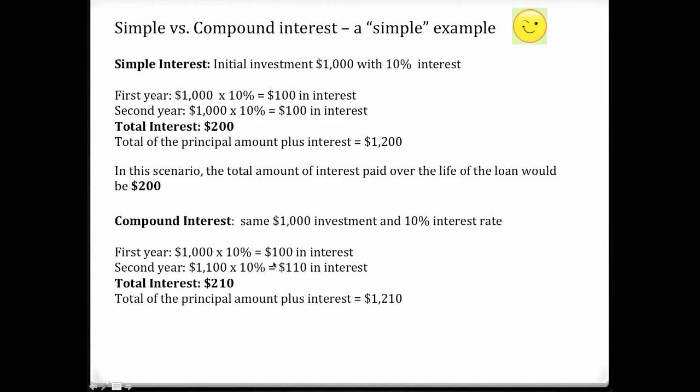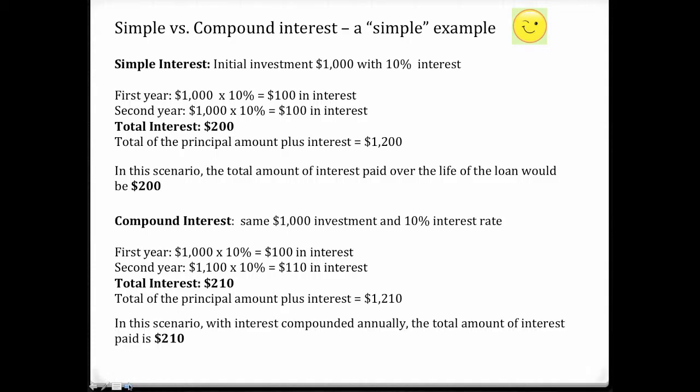So now that second year, I've earned $110 in interest for a total in 2 years of $210. So my new amount that I've earned in 2 years is now $1,210. Not huge, but I have an additional $10 there from our compound interest.